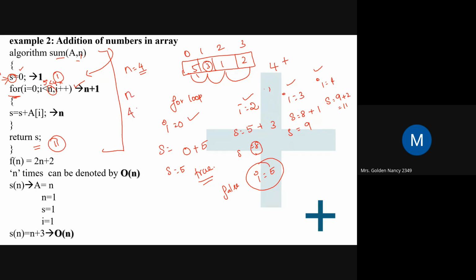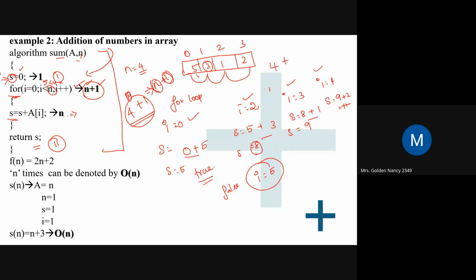So instead of using these values, I can say the for loop worked for n true times and 1 false time. Similarly, the addition happened 1, 2, 3, and 4 times, so I can say this as n times.